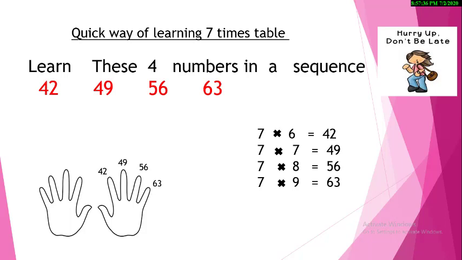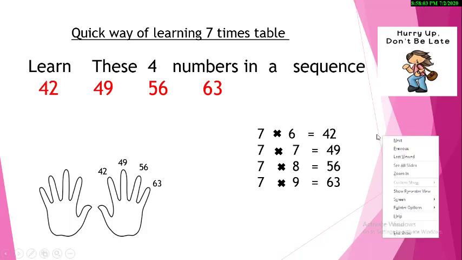Yes, this is the way to learn these four numbers in a sequence, and your fingers are going to tell you what each represents. Like the first finger, 42: 7 6s are 42, 7 7s are 49, 7 8s are 56, and 7 9s are 63.